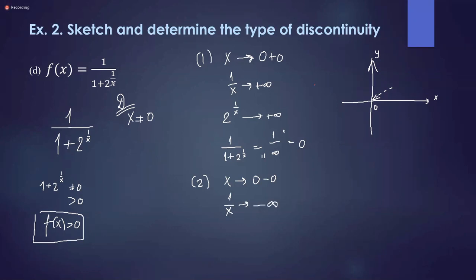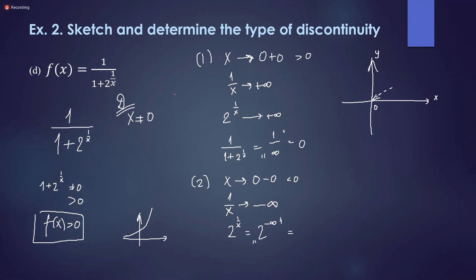2 to power 1 over x is 2 to power minus infinity. And we know that the classical exponential function, 2 to power whatever, when the exponent tends to minus infinity, tends to 0. So I will write tends to 0.